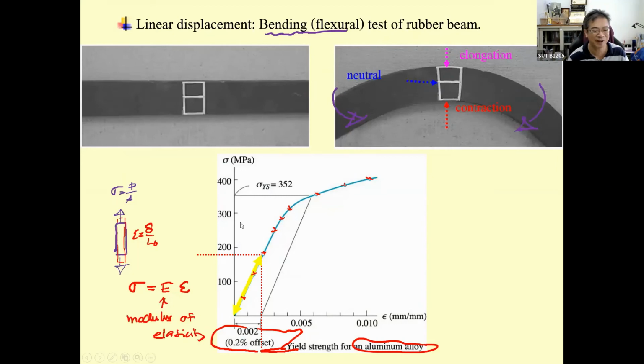Now for the application of materials in engineering structures, most of the time the relationship between stress and strain is going to be so-called linear and elastic. What is so-called elastic? Like a rubber: I pull this one from 2 centimeters to this length, and when I release the force, it comes back to 2 centimeters. That's called linear and elastic.